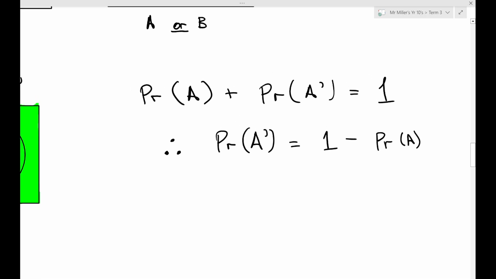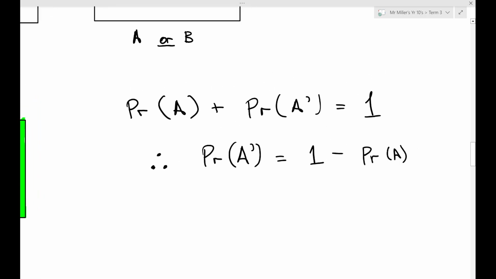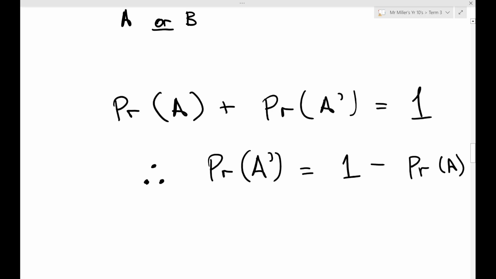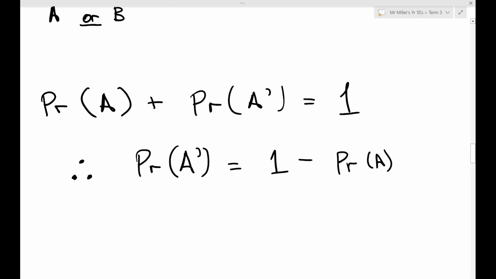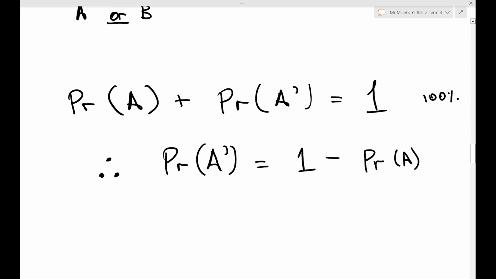Well, the total probability that I either pick something out of A or I don't pick something out of A is 100%. Because it's either I eat an apple or I don't eat an apple. I'm going to do one of those two options. So it is 100% chance that some combination of A and not A will occur.